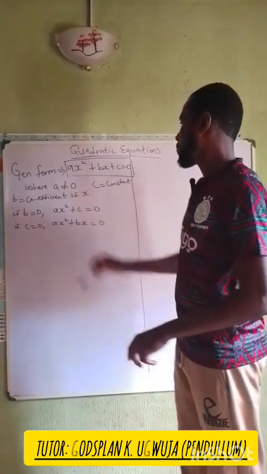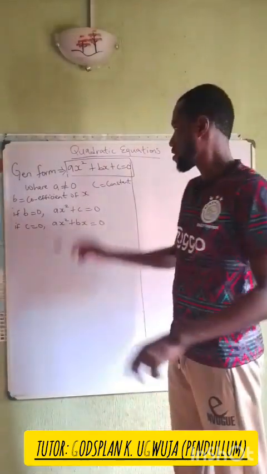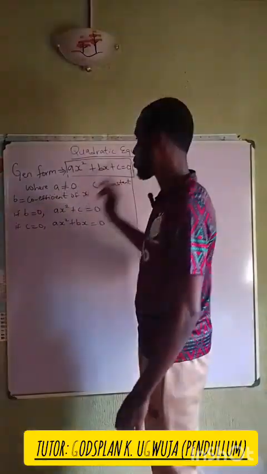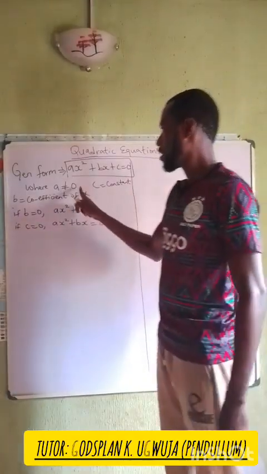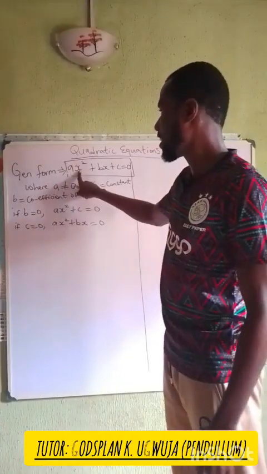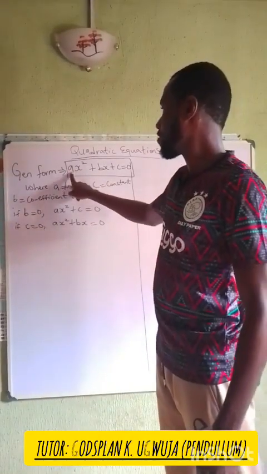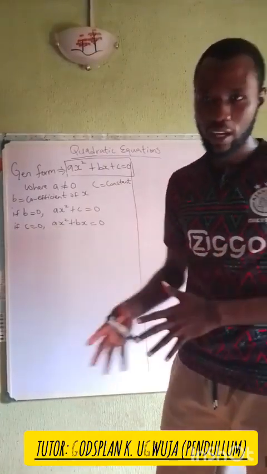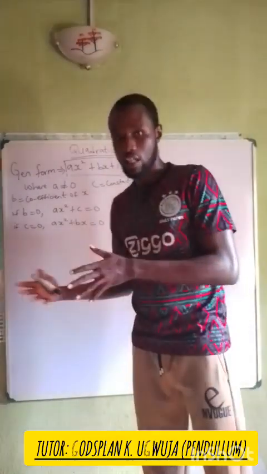Okay, now there's a condition. This can only be a quadratic equation where a is not equal to 0. And it's important that a is not equal to 0 because a is the coefficient of x squared, that is the number multiplying x squared.